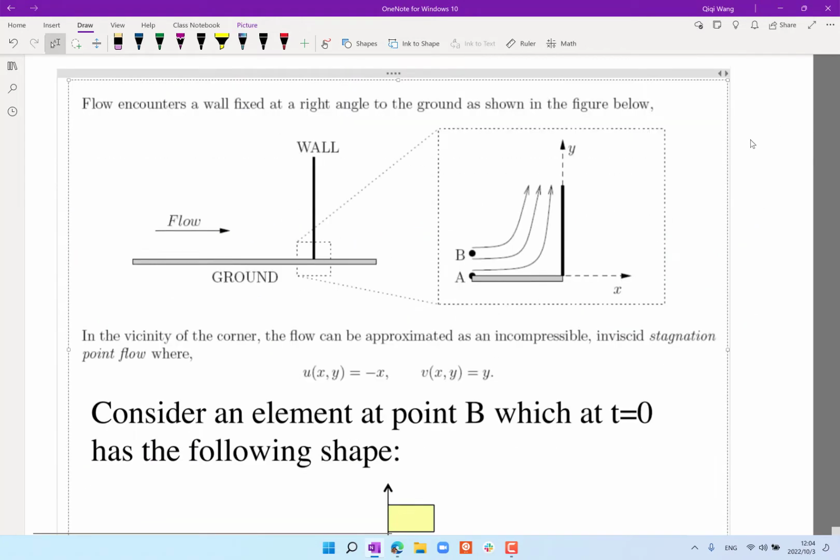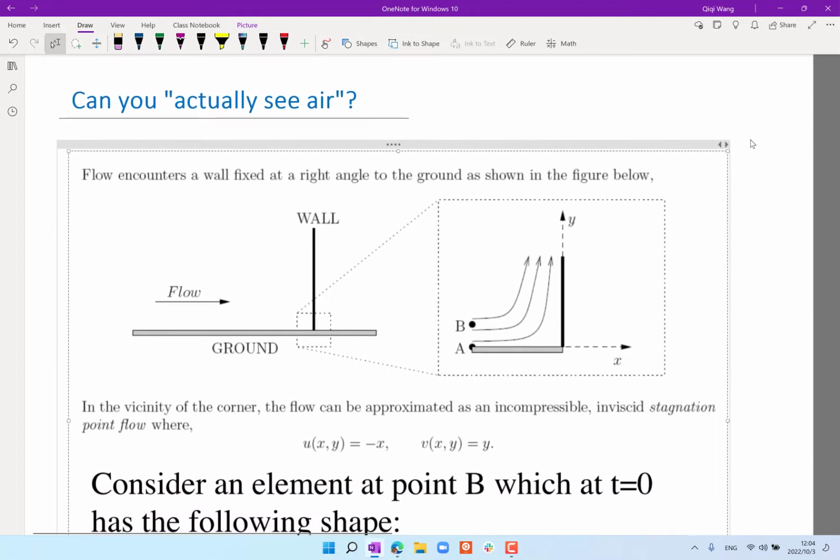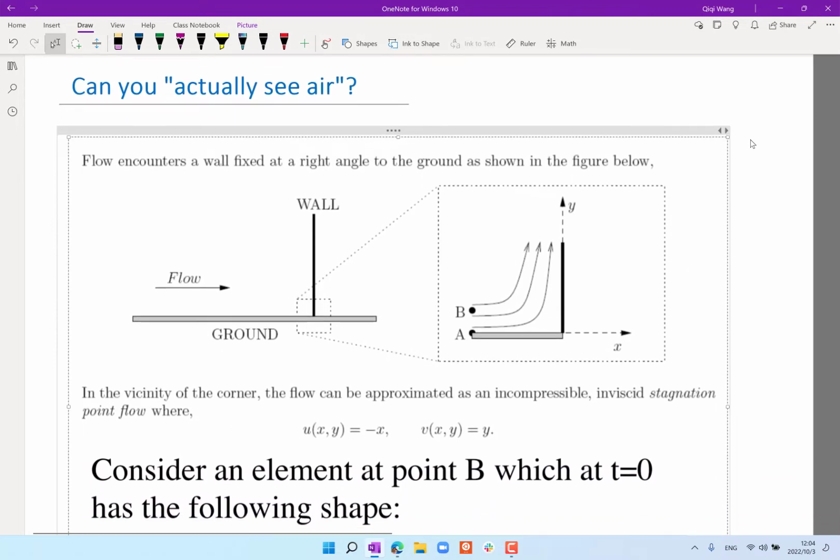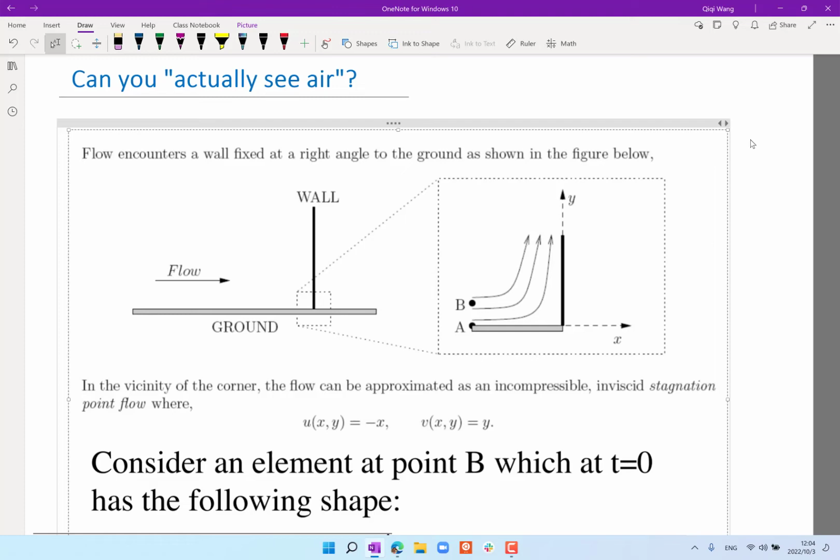All right. Okay. So let me ask you another example. Can you actually see air? In the vicinity of a corner, the flow, assuming no boundary layer and stuff, can be described as U equal to minus X, V equal to 1. Think about what the flow field is.